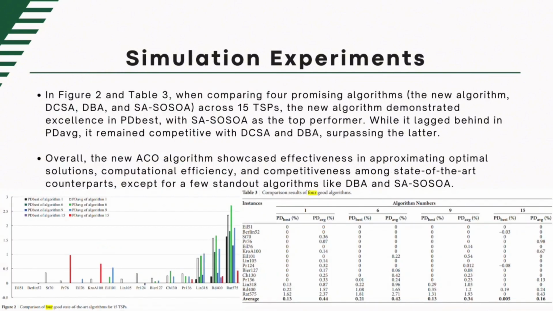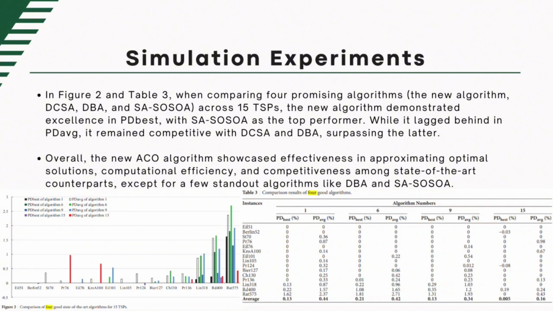In Figure 2 and Table 3, when comparing four promising algorithms across 15 TSPs, the new algorithm demonstrated excellence in PD-best, with SASOSOA as the top performer, while it lagged behind in PD average. It remained competitive with DCSA and DBA, surpassing the latter.